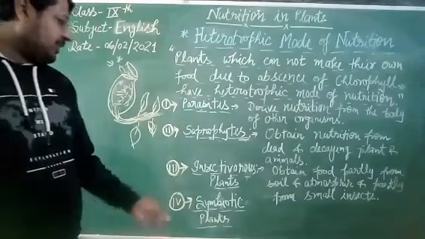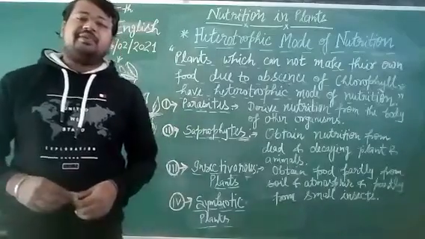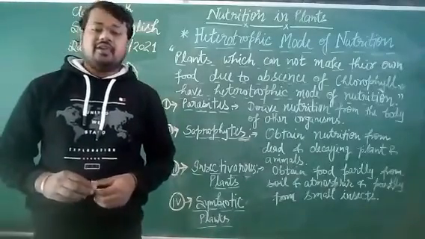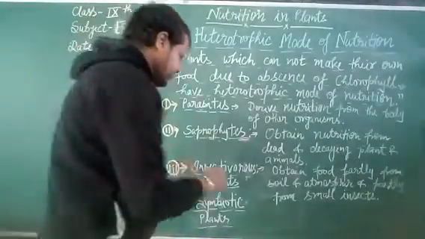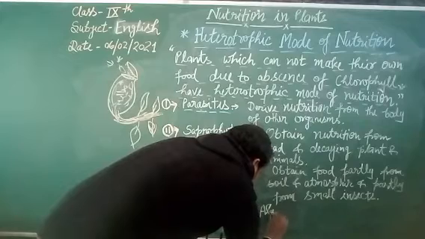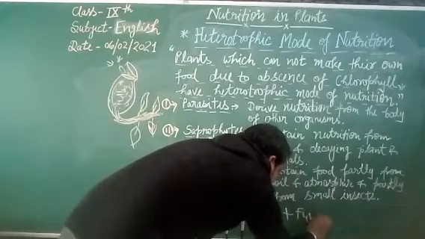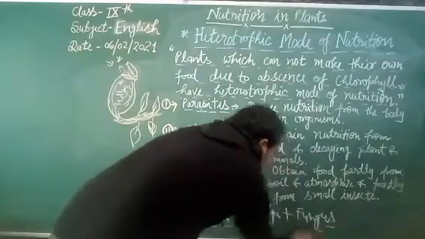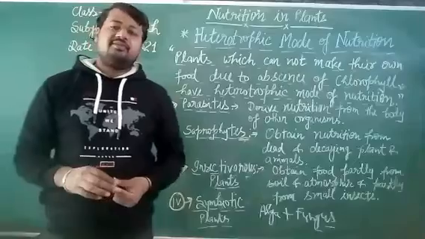Next one is symbiotic plants. In symbiotic plants, there is a specific type of relationship where alga and fungus, you can write over here, alga and fungus are there and they support each other. There is no exploitation. Both of them are necessary for the existence of their life.